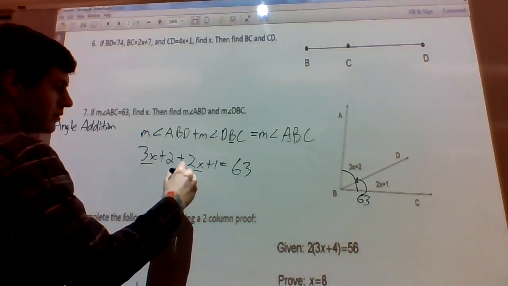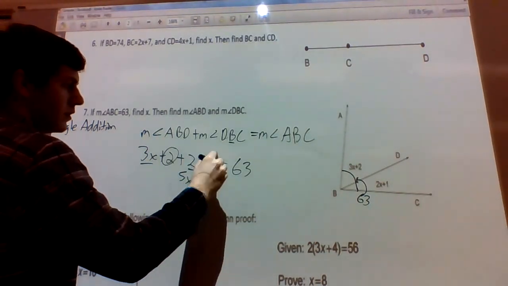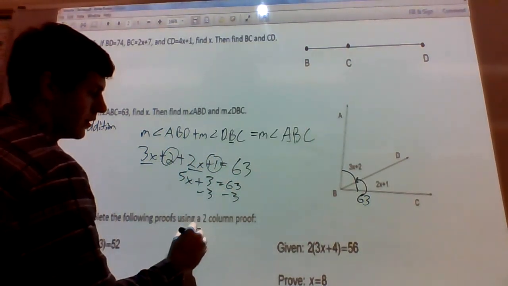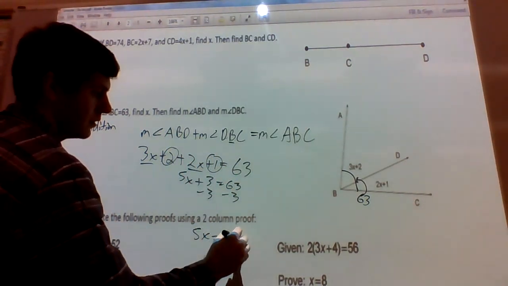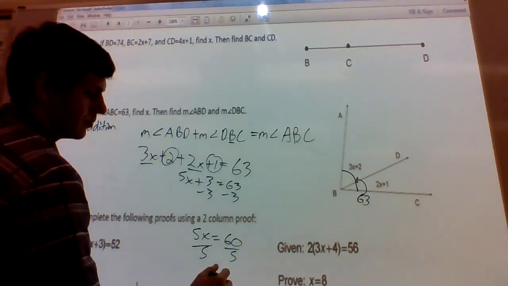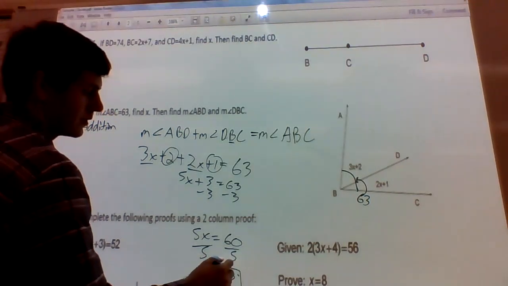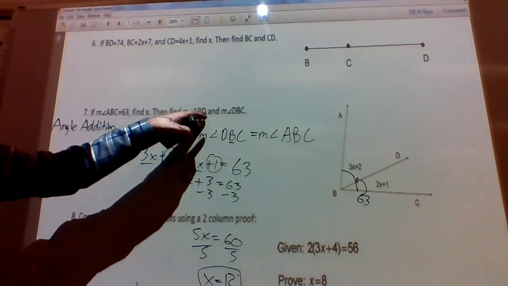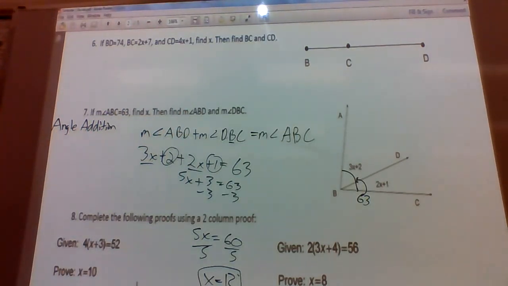So 5x plus 3 is 63. Subtract 3 from both sides. 5x is going to equal 60. Divide both sides by 5, x is going to be 12. Is that what the question asked for? Yes, but then it also asks for the measure of angle ABD and the measure of angle DBC.